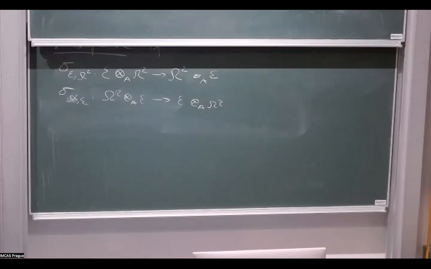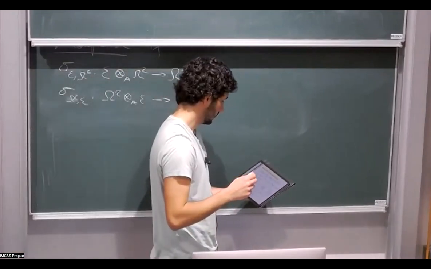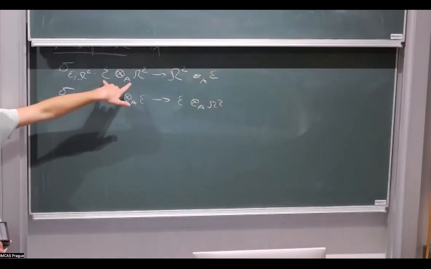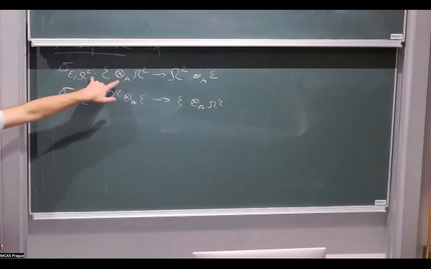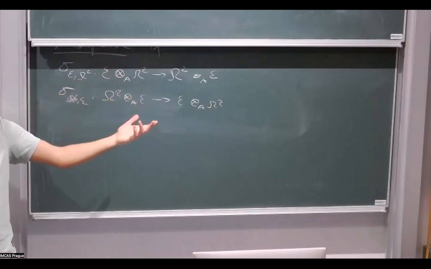The way that we do this is that we can imagine this is defined on two forms, and a two form you can get by the wedge product of two one forms.